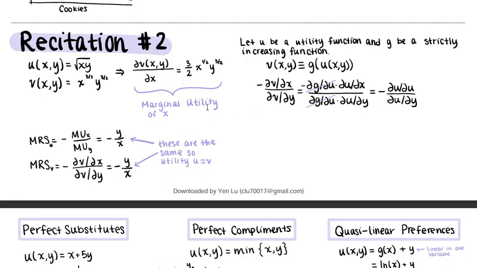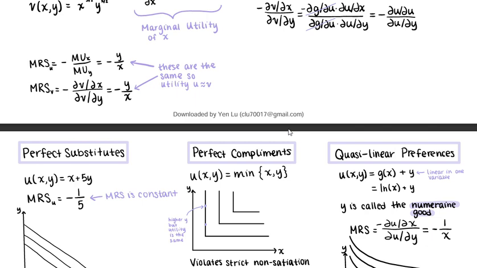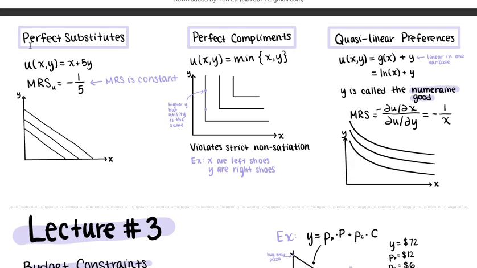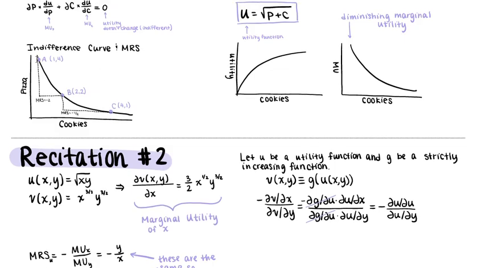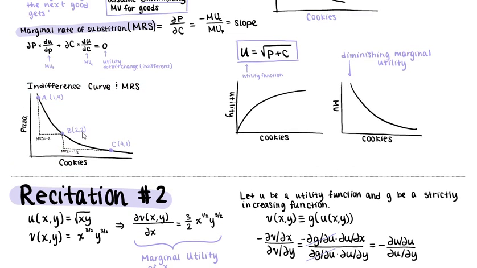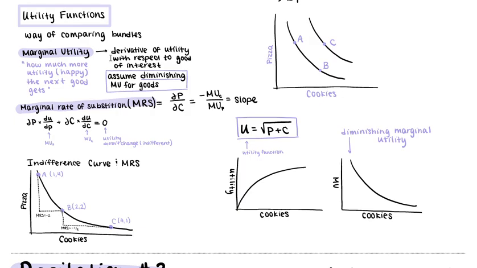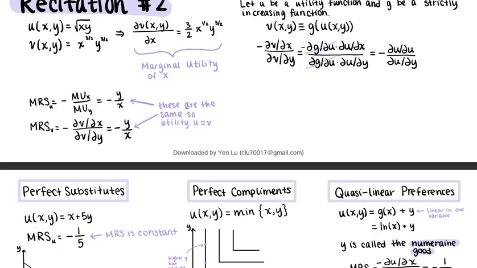Very simple. Just do some maths, and we have different types of utility function. This is just a square root of pizza and cookie.